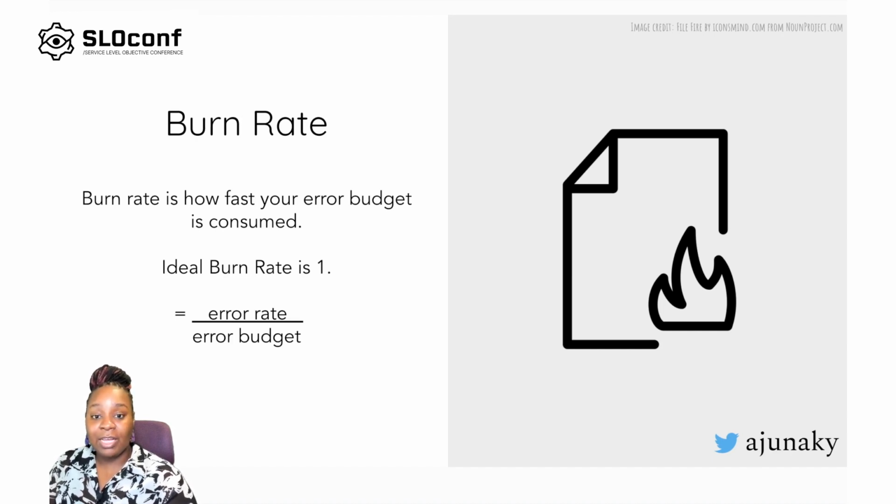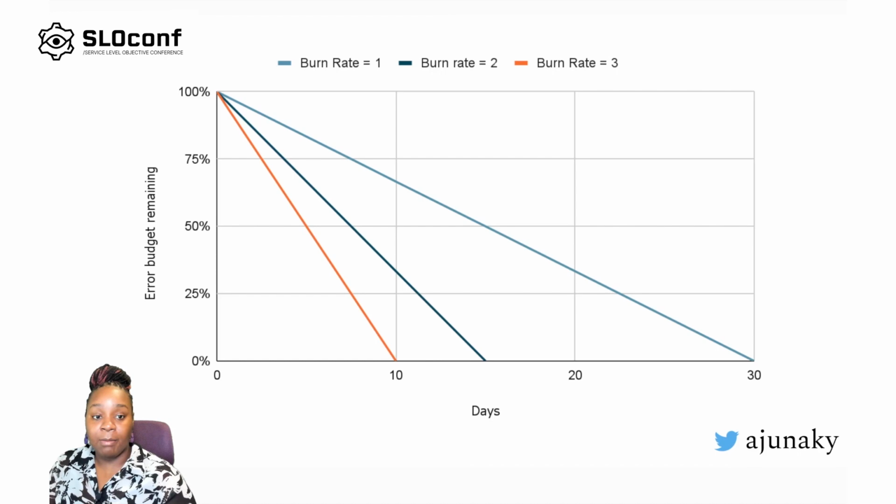If you want to calculate your burn rate, it's usually, in the current moment, the error rate over the error budget. We can visualize this in a graph by defining the amount of error budget remaining over a number of days, usually for your SLO time window.